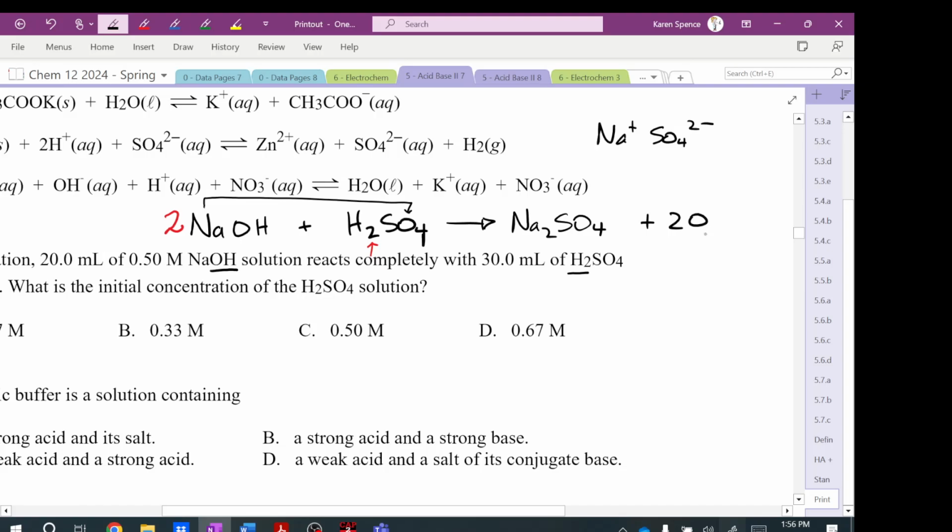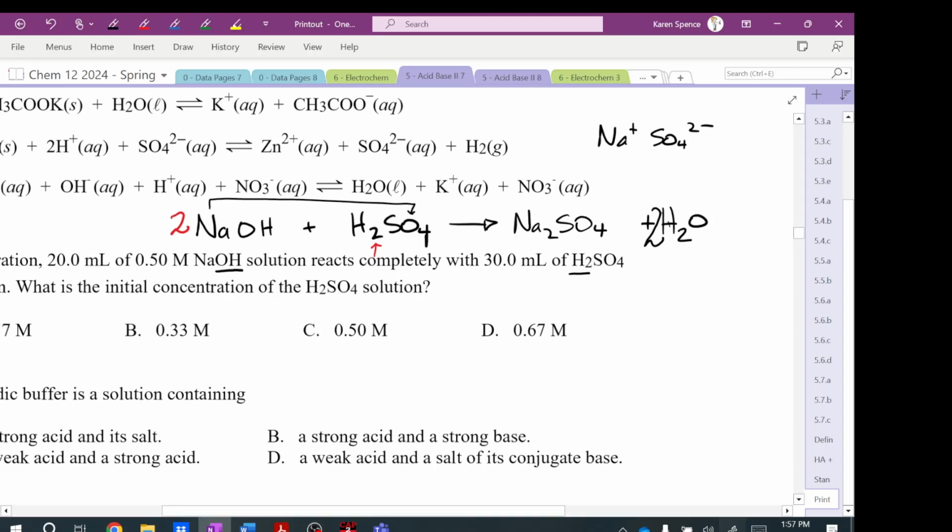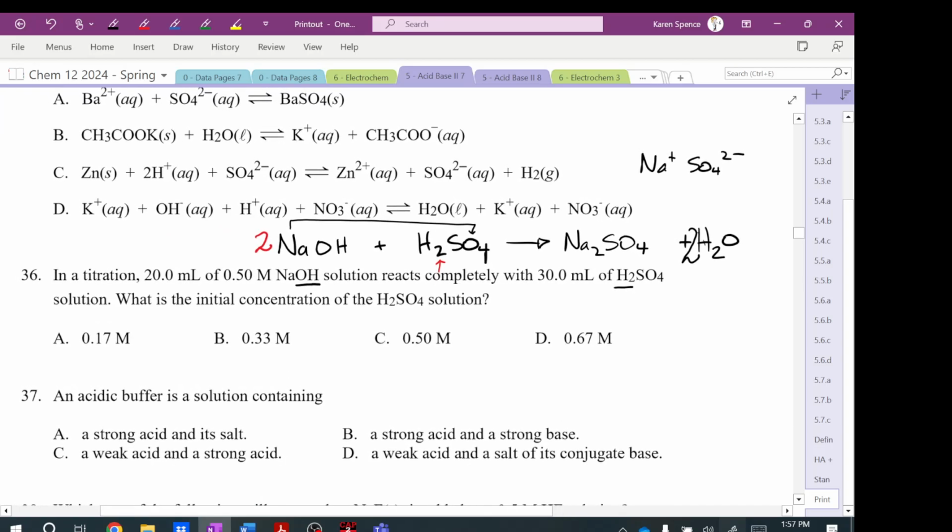Oh, I forgot the H. I made the 2 big. Oh, dear. H2O. And if you have 2 hydrogens, you need 2 hydroxides, which means you will get 2 waters. Like I said, though, for multiple choice, you do not need the entire equation. All you need is the 2-to-1 there.